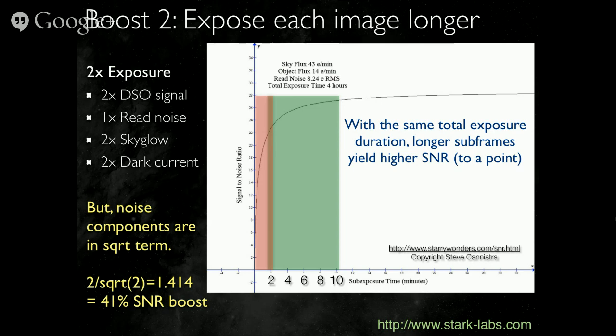So what this is showing is, if you are going to have a total exposure time, say I've got an hour for my red channel, or 2 hours for my luminance channel, or whatever it is, how do you divide up that hour? Should you take 5-minute shots? 1-minute shots? 10-second shots?